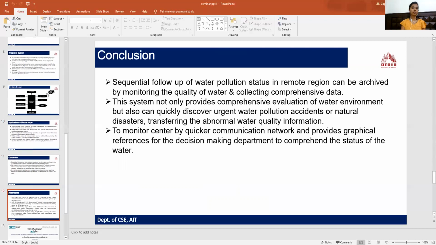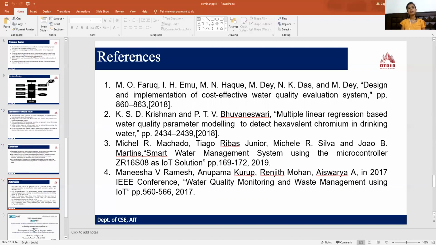Let's move on to the reference part. There are 4 references which I have used for this paper or project. One is by Mo, Q, and others, who published design and implementation of a cost-effective water quality evaluation system in 2018.